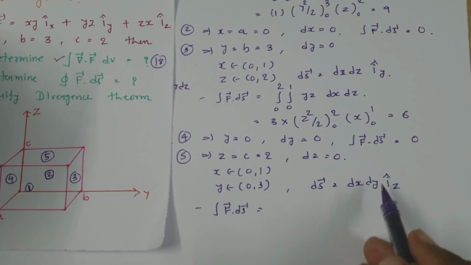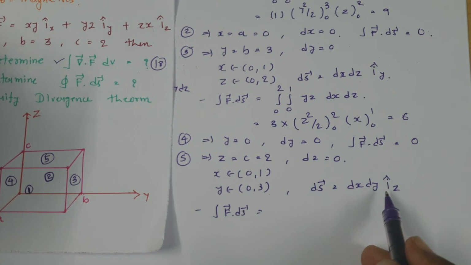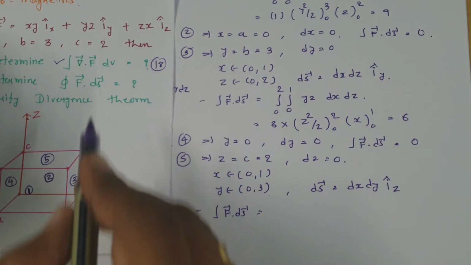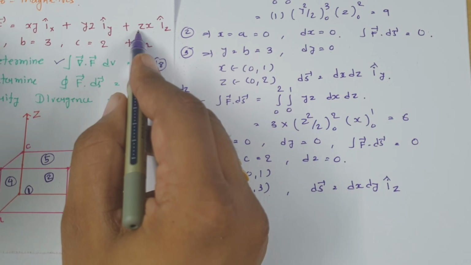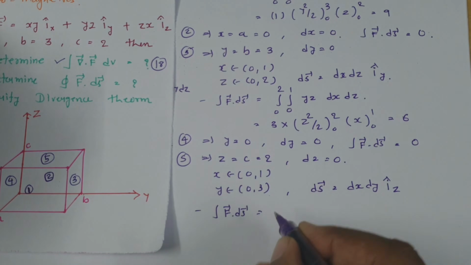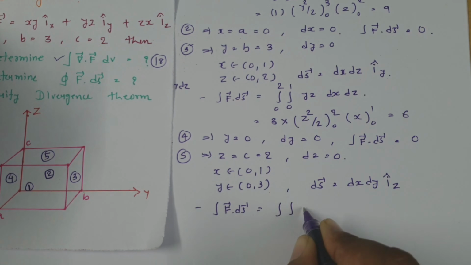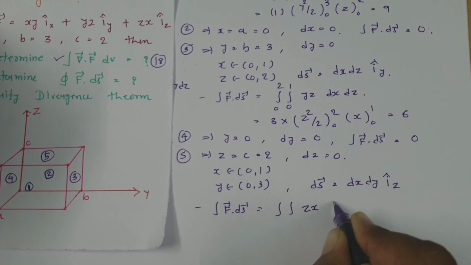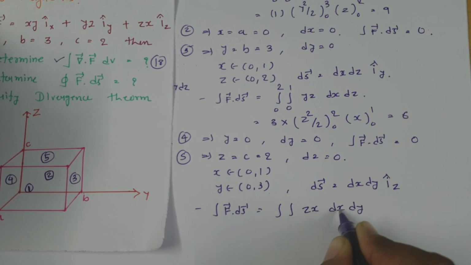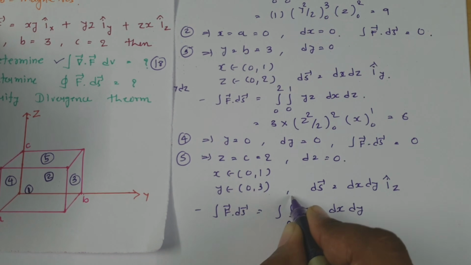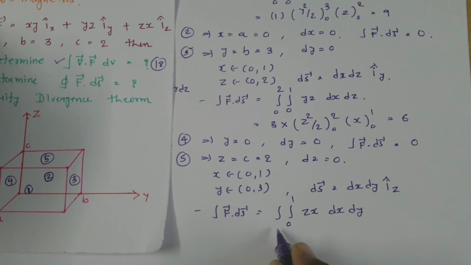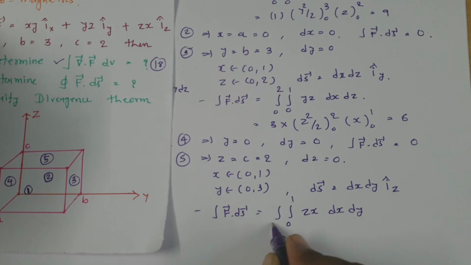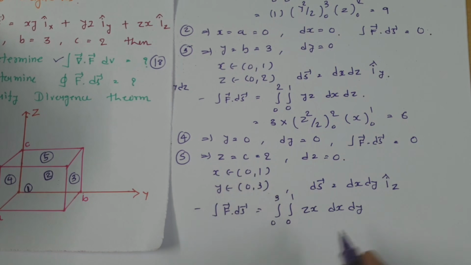Now if you do this integration F dot dS, then this dot multiplication is resulting into the z component only, right, the reason is the surface is having only the iz component, so this dot multiplication will be zx. So we can say here this is zx dx dy, where x varies from 0 to 1 and y varies from 0 to 3, and z is 2.